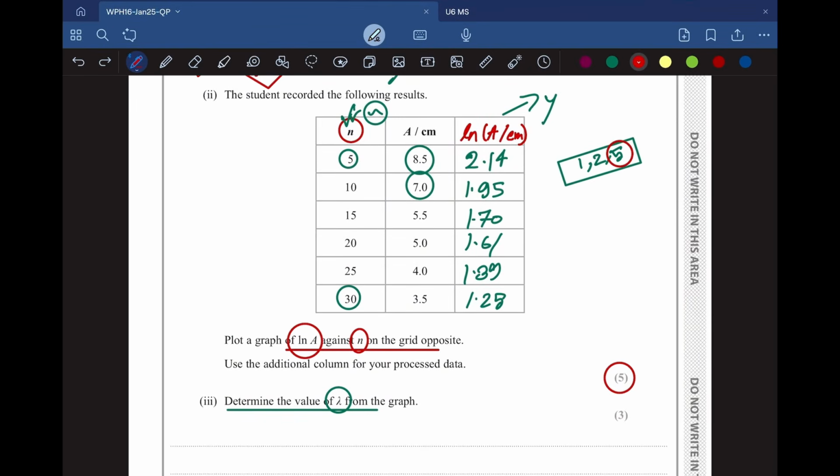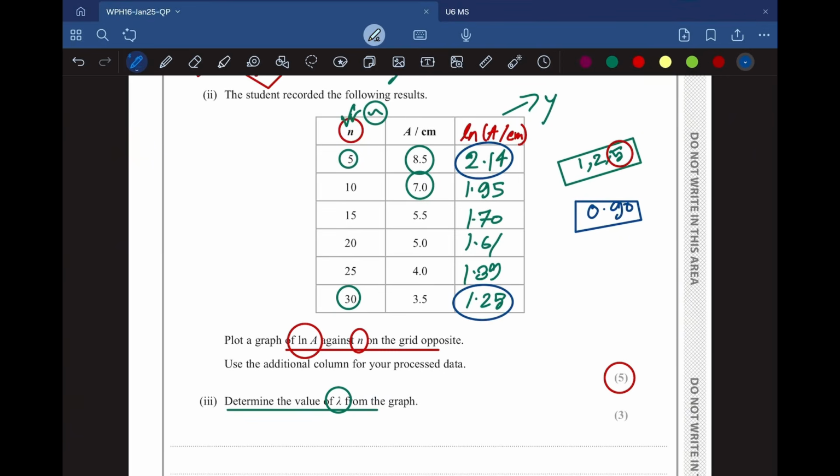Now to take the increments of the y-axis, we'll have to do another thing. The lowest value is 1.25 and the biggest value is 2.14. So basically there is a difference of 0.90.